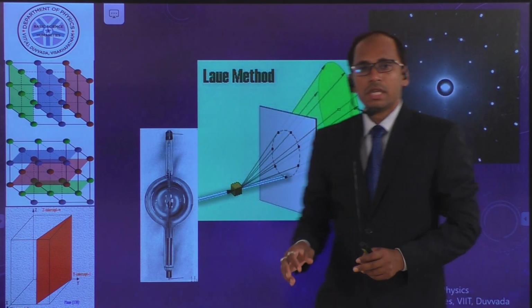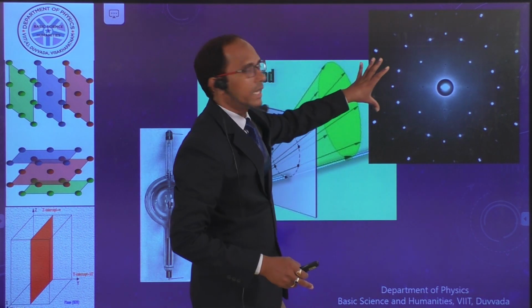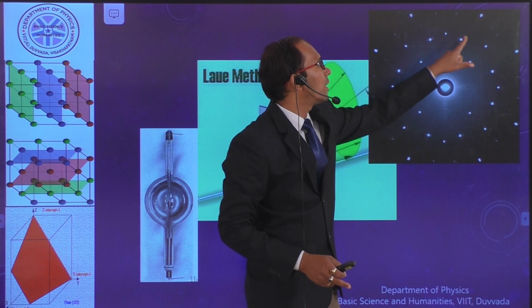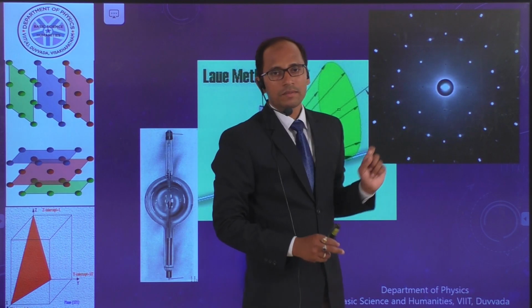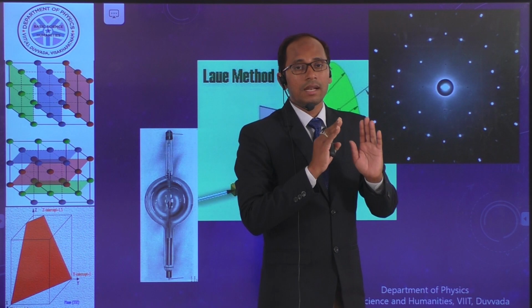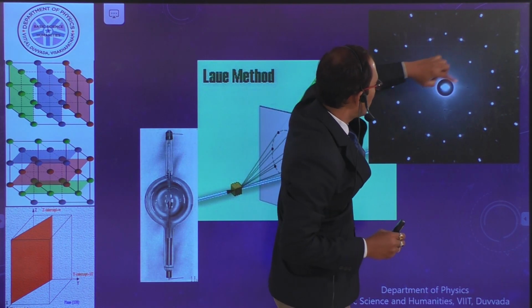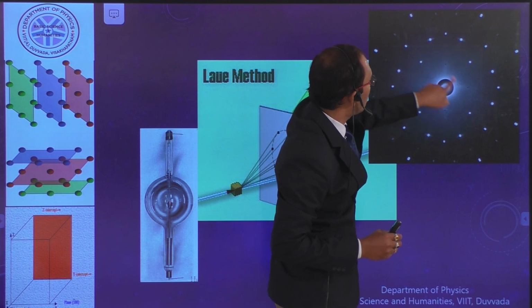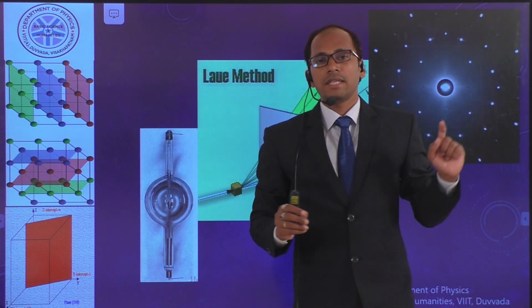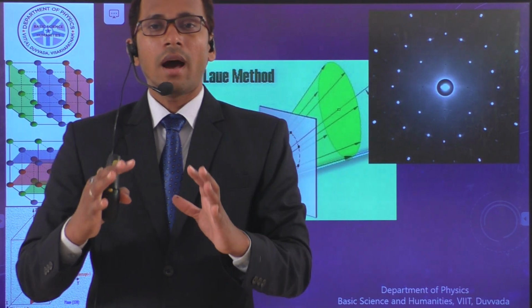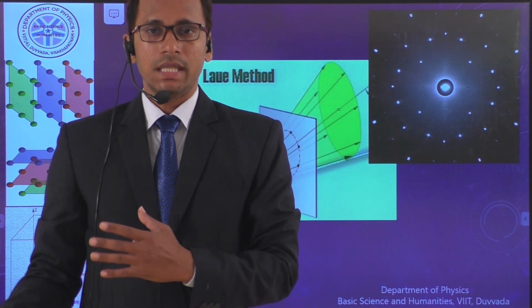From this cone you get an image like this on the photographic film. The center is a bright spot, and small dots are present around it. This is a diffraction pattern. It has a particular fashion: one spot is opposite to another spot. As I told you earlier also, these spots are not identical for all materials.